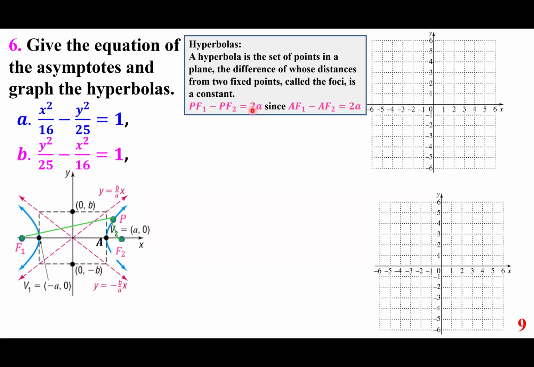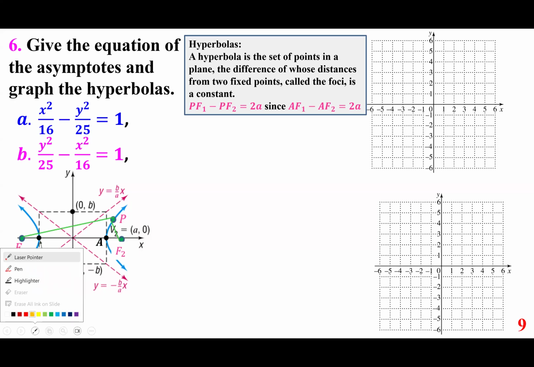I want to discuss that, and notice that if this is the case, never mind 2a, we want to come up with the proof by looking at this one. If this works for any point you pick, it works for this point A as well. So AF1 minus AF2. What is AF1 minus AF2?